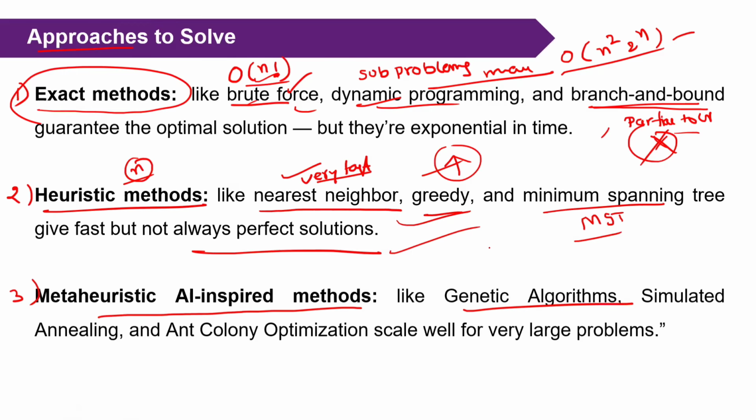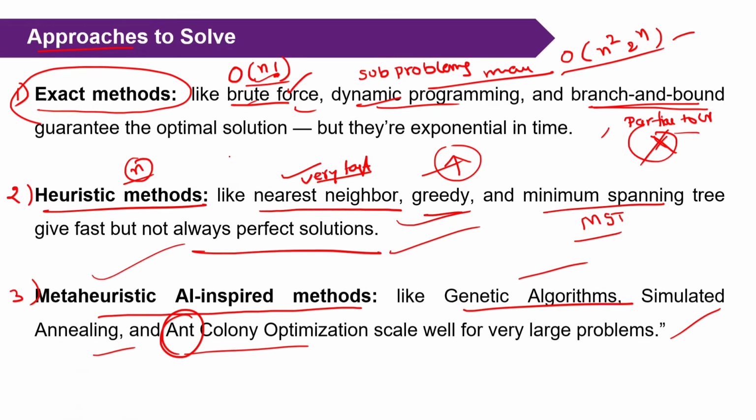Simply, it uses an evolutionary principle to evolve a near-optimal tour. Then simulated annealing is a probabilistic approach to avoid local minima, and ant colony optimization is also a bio-inspired approach where artificial ants build the solutions. These meta-heuristic approaches are very well suited for large-scale problems. Clear? These are the different approaches.